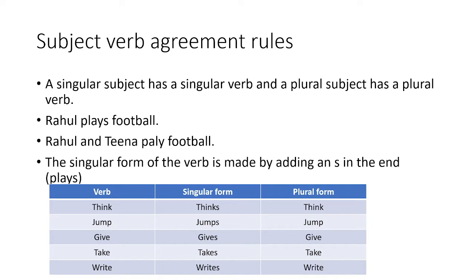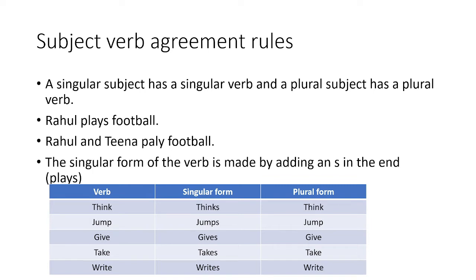Singular and plural form of verbs. In the example above, note the singular form of the verb is made by adding an s at the end, for example, plays, and the plural form is without the s, that is play. Keeping the above rules in mind, let's change the following verbs into singular and plural form.